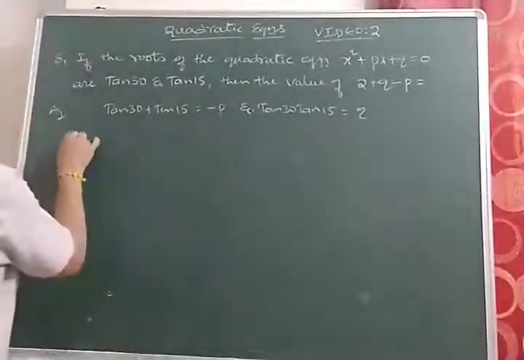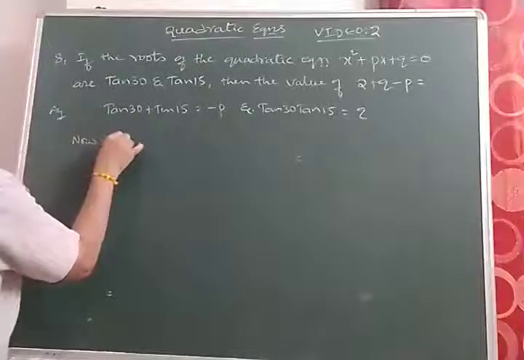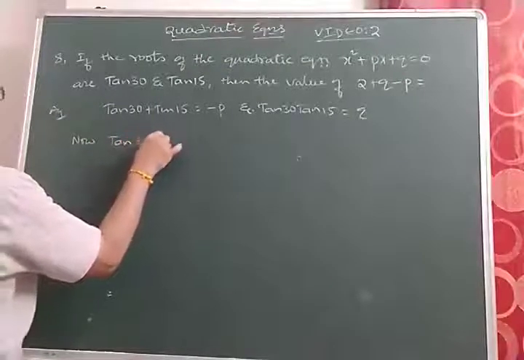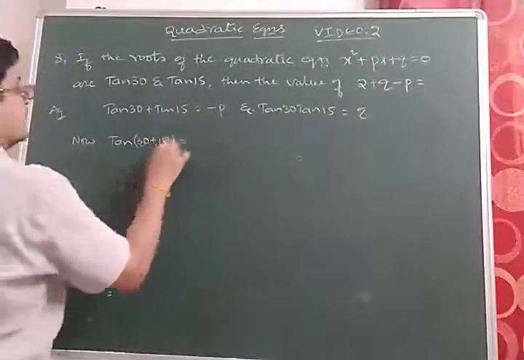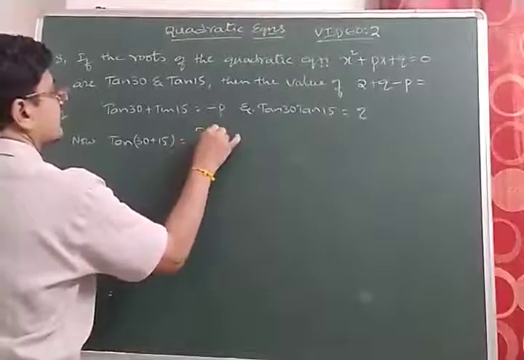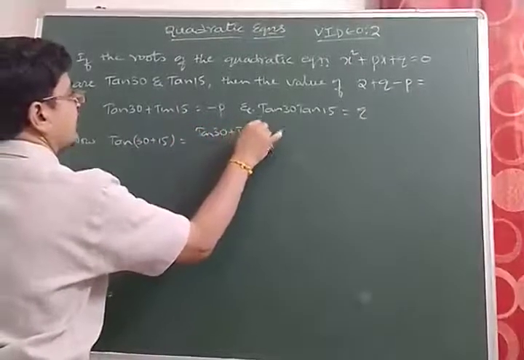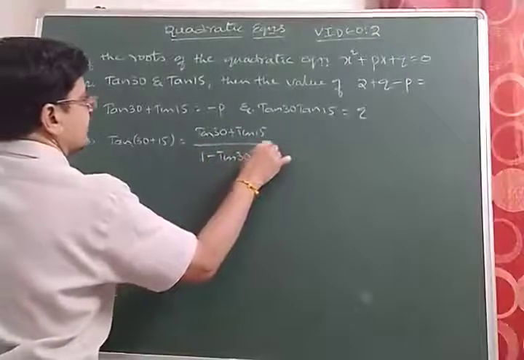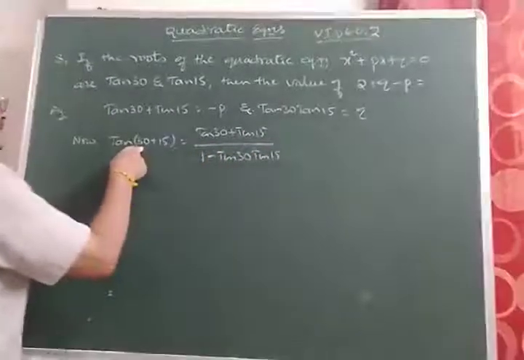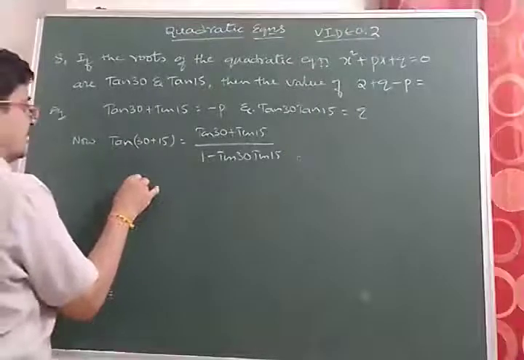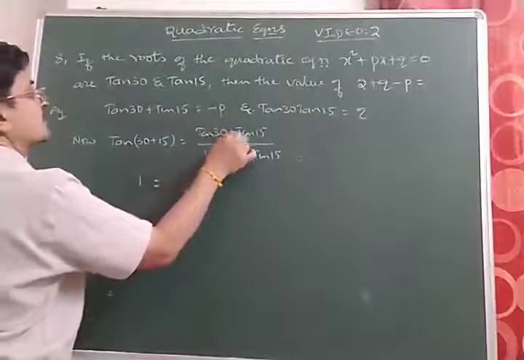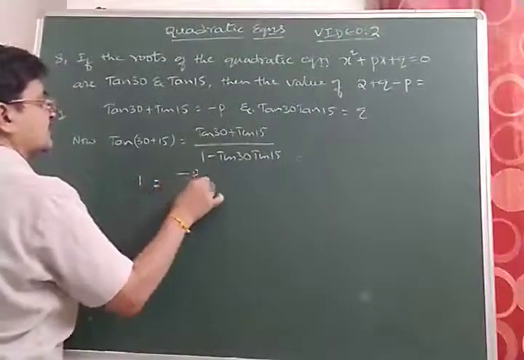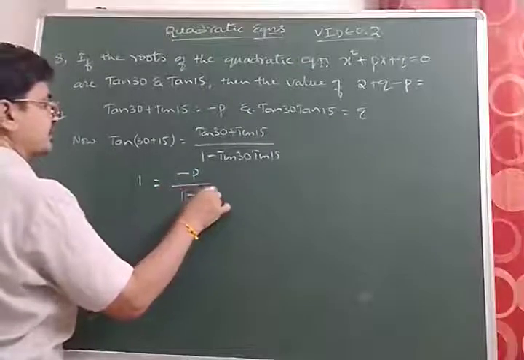Now tan 30 plus 15 is equal to tan 30 plus tan 15 by 1 minus tan 30 tan 15. This is tan 45. Tan 45 is 1. That is equal to sum of the roots, minus p, by 1 minus q.